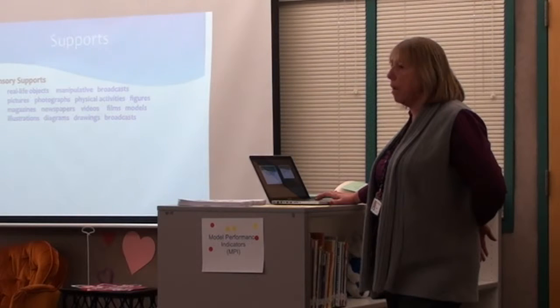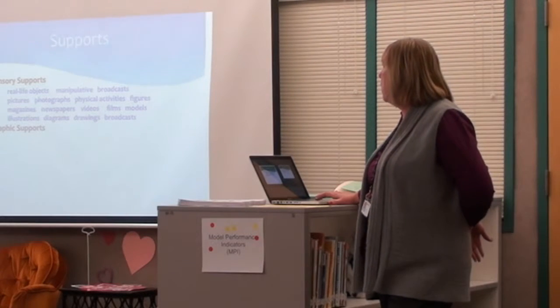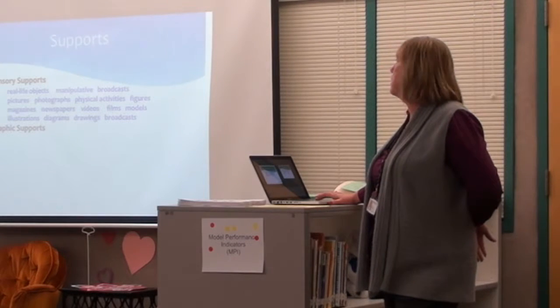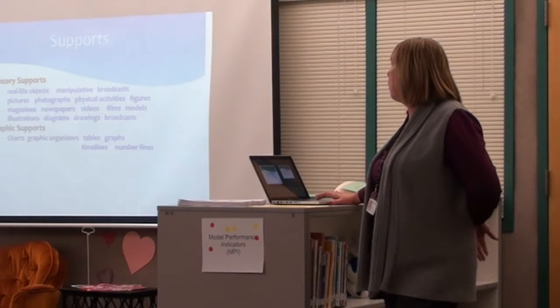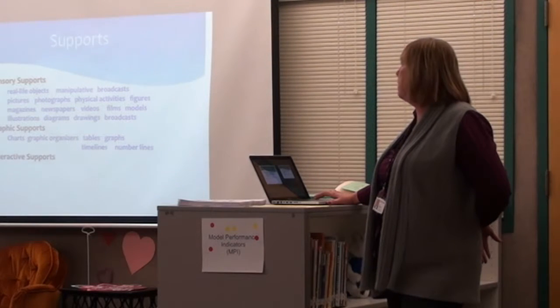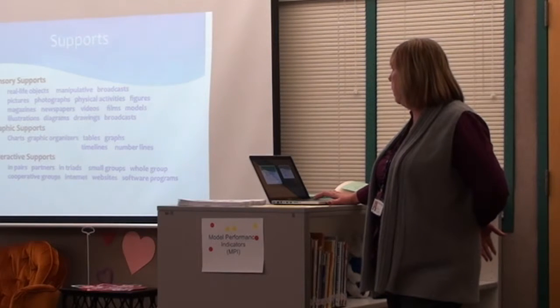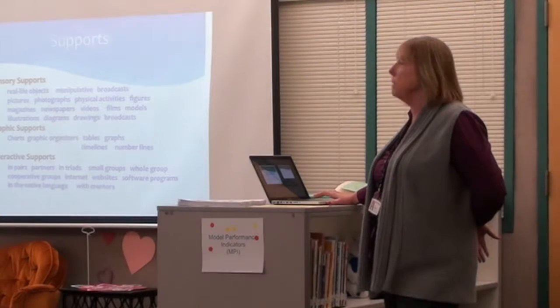And you can read a lot of these. This is also in your handout so that you can refer back to this page. The next one is graphic supports, charts, graphic organizers, tables, graphs, timelines, number lines. And then the last one is interactive supports, in pairs, partners, triads, small group, whole group, internet, website, software programs.